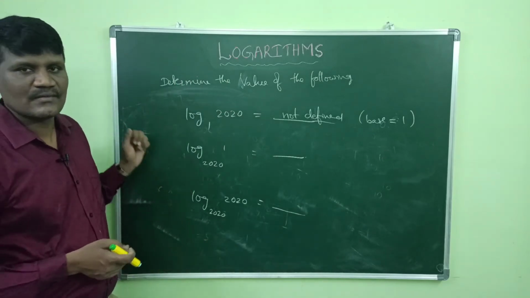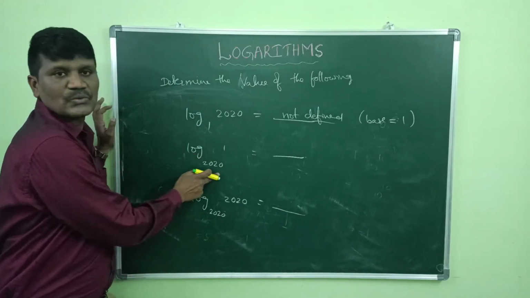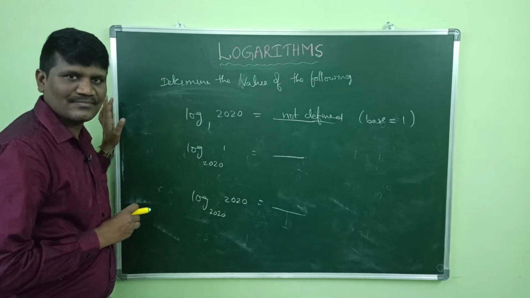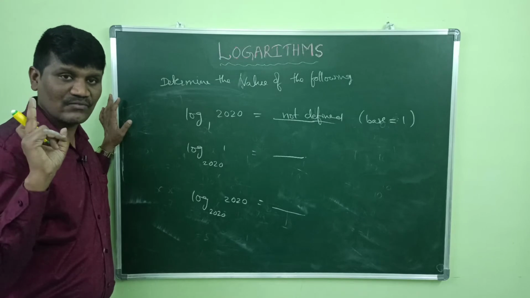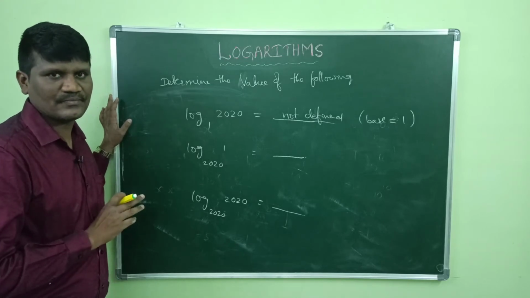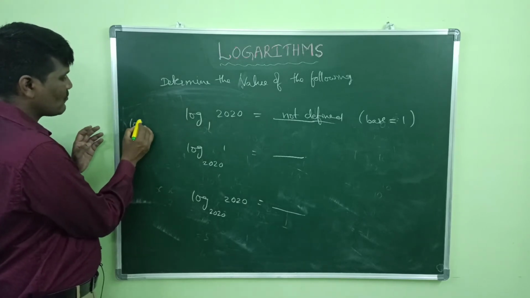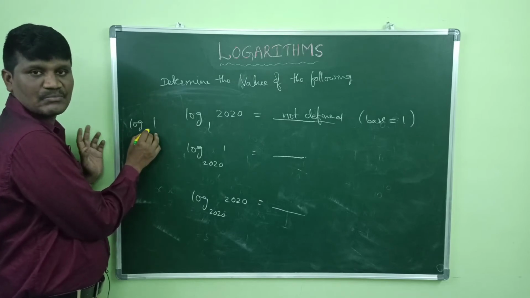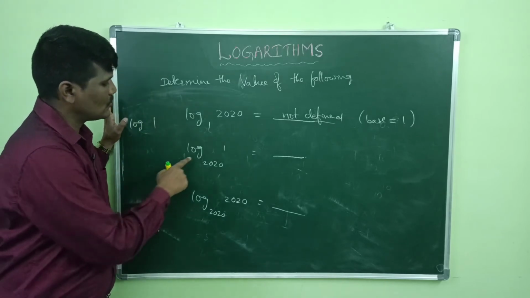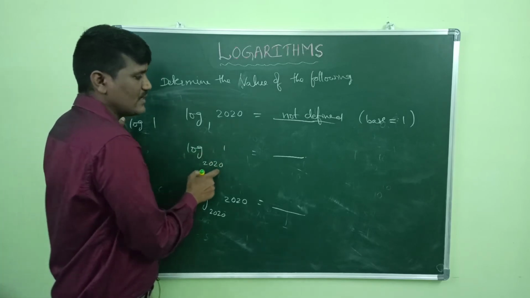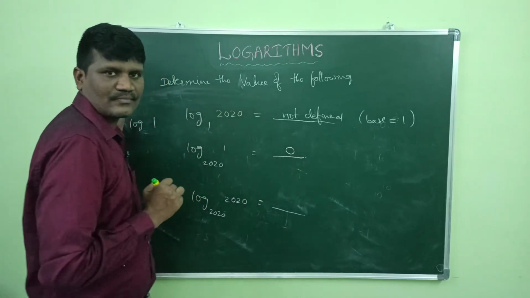So the next one, log 1 to the base 2020. Whatever the base is, the value of log 1 is 0. Already we have discussed that log 1, irrespective of base except 1, is 0. So log 1 to the base 2020 is 0.